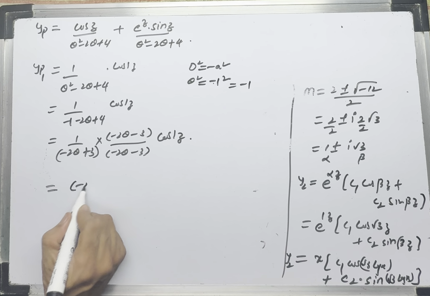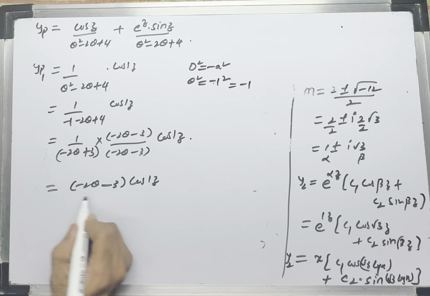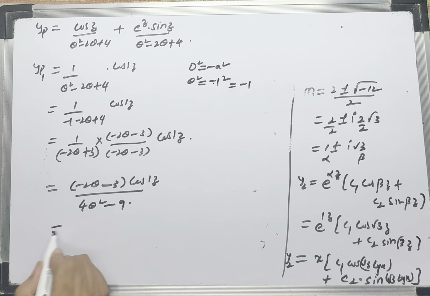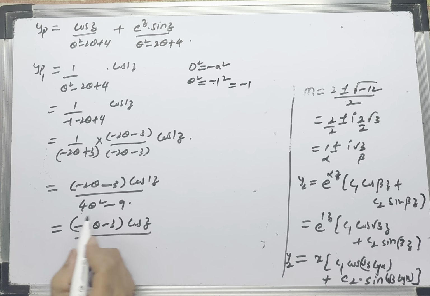We got minus 2 theta minus 3 cos 1z. A plus b into a minus b, a square minus b square. So minus 2 theta minus 3 cos z divided by 4 into minus 1.